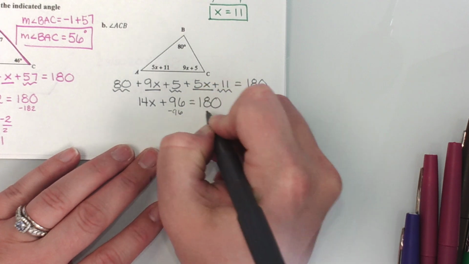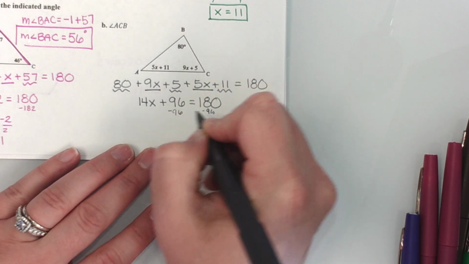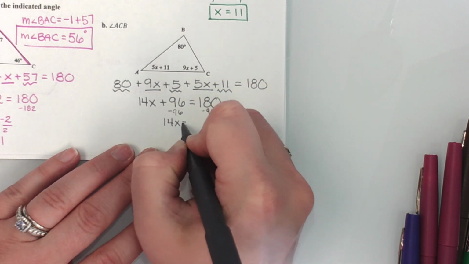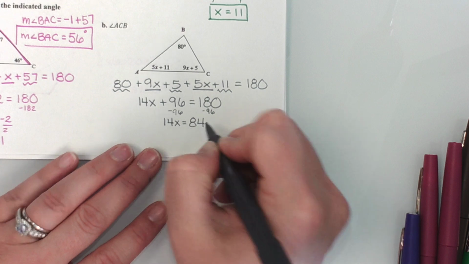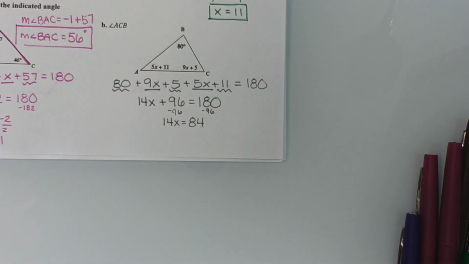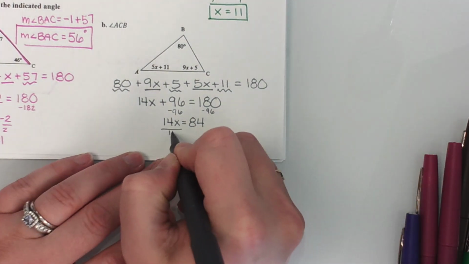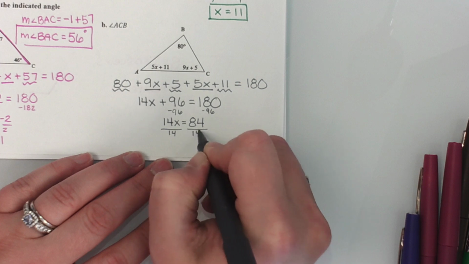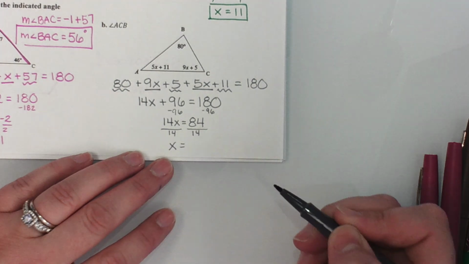Subtract the 96. 14x equals 84. Maddie, what do I do now? Divide by 14. 84 divided by 14 is 6.